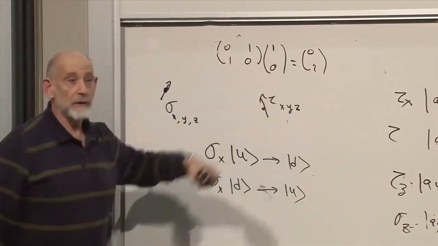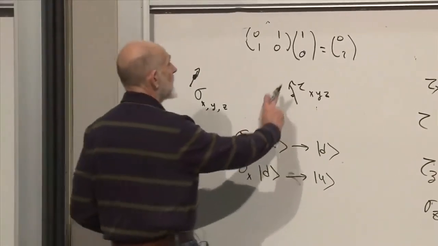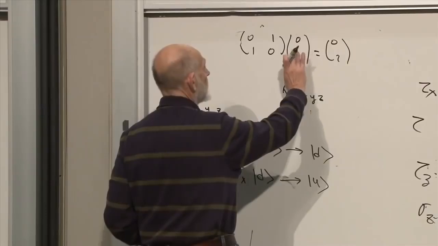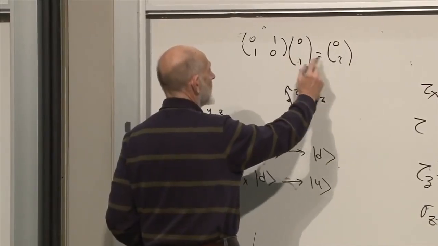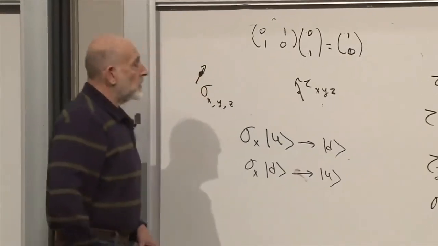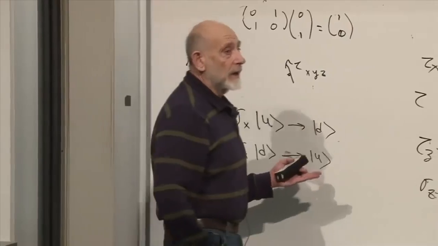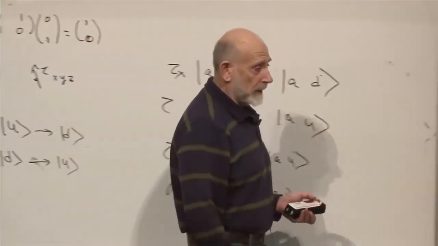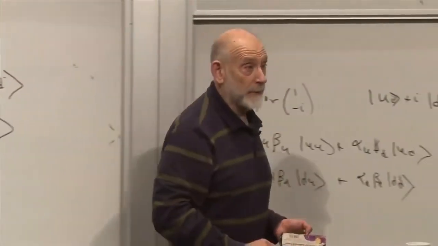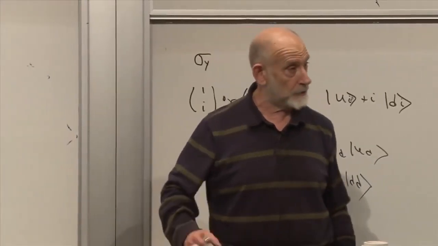So up has gone to down. Likewise, if we put a 0 here and a 1 here, this would become a 1, 0. So it just takes (1, 0) and flips it to (0, 1), and back and forth like that. In general, of course, you would be right, but for this particular case, it just gives you back the flipped state.